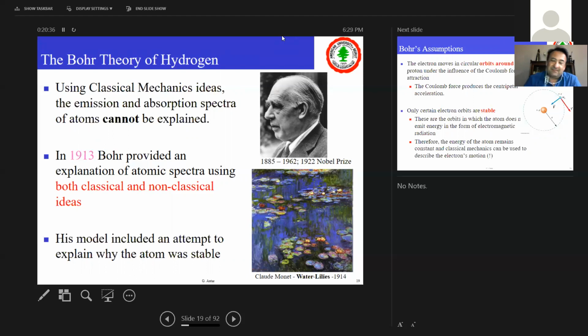Anyways, the reason why I put Claude Monet's lilies in this view is because it is a very important indication. You have probably heard of Impressionism.